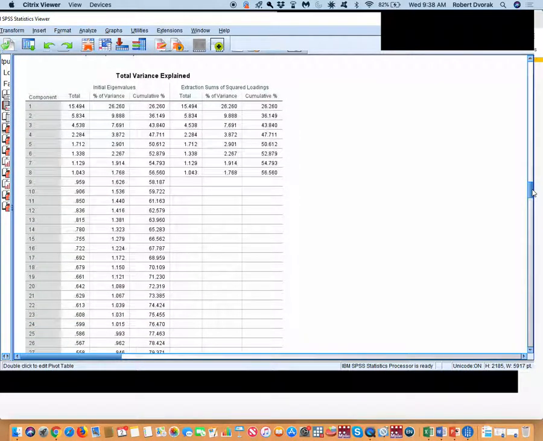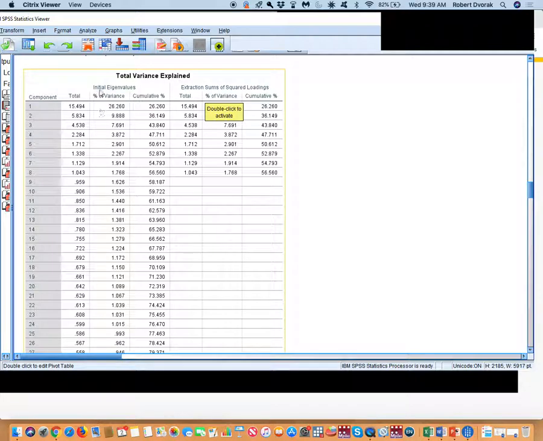All right, so here is our total variance explained. We start by getting eigenvalues, and so we have initial eigenvalues, percent of variance, and then the total eigenvalue, and then this is the cumulative variance that's accounted for, right? And so our eigenvalues are right along here. These right now are exactly the same because we have no rotation, right?